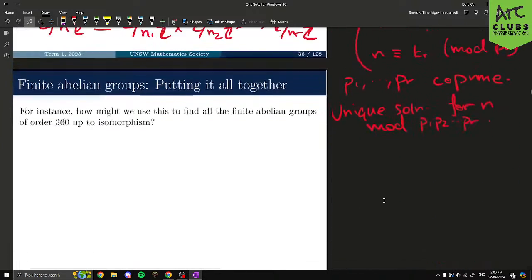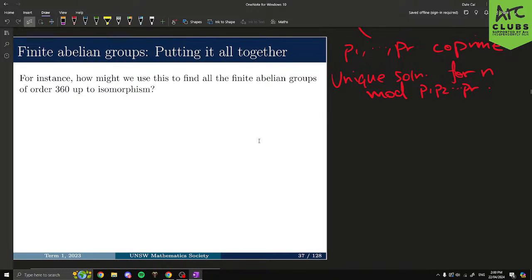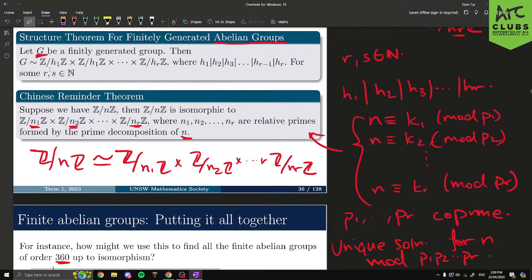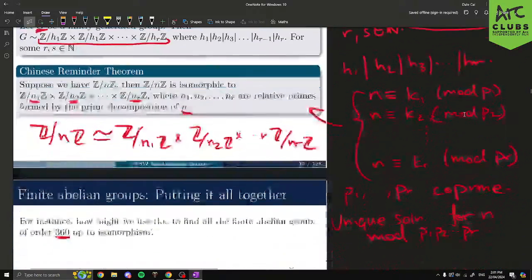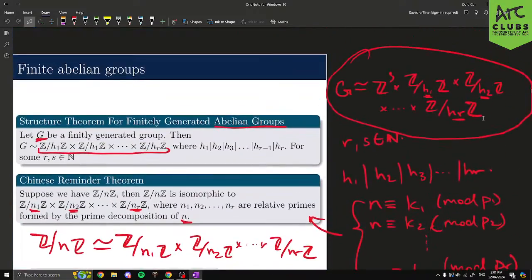Okay, now let's tackle this question. How might we use these to find all the finite abelian groups of order 360 up to isomorphism? Remember, every finite abelian group can be decomposed into this form.